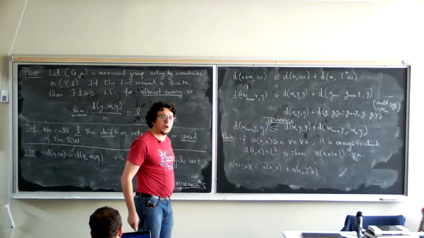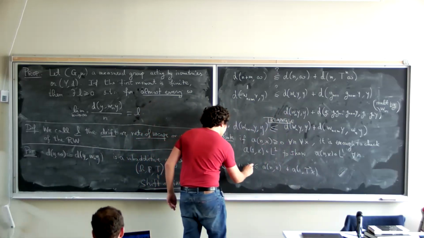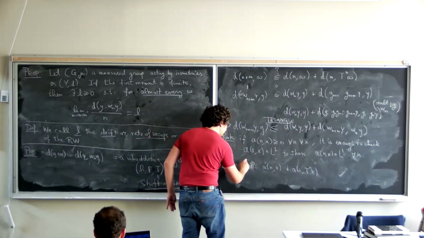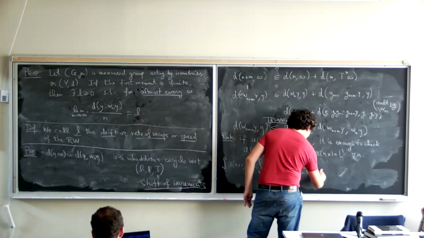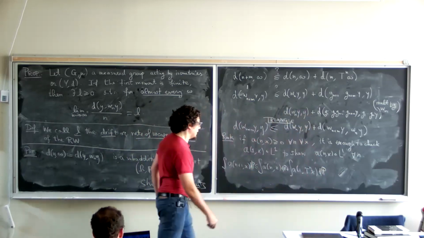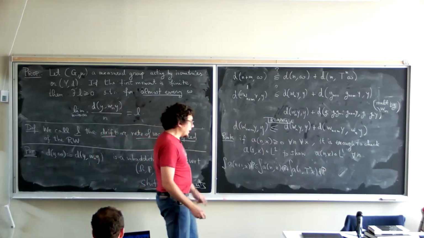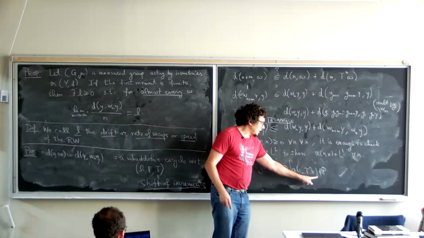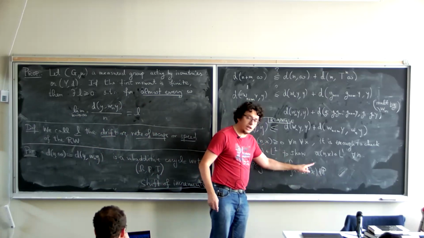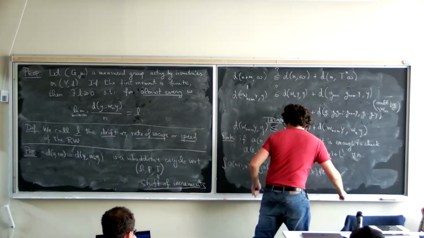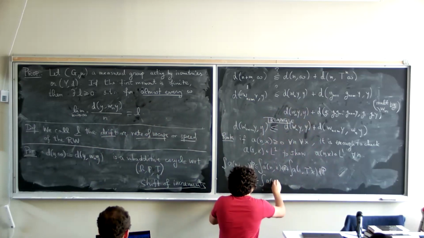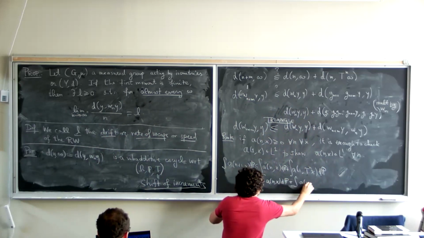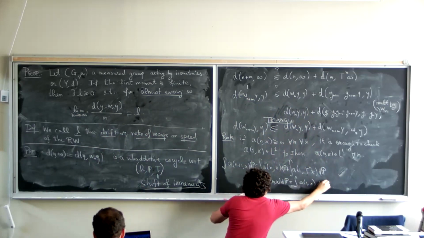Now, if you integrate on both sides with respect to dp, we observe that exactly p is T-invariant, so we can kill this T. So this would be the integral of A_n x dp plus the integral of A1 x dp.